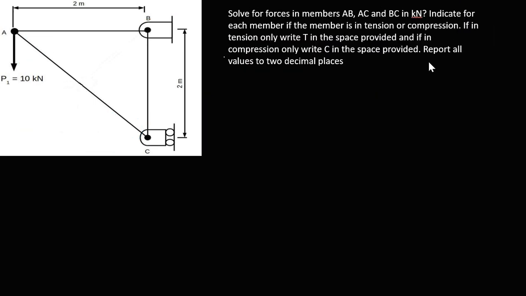So the second part of the question, they said solve the forces in member AB. This is the member AB they're referring to. And also they said and in BC, this is BC, in kilonewtons again. Indicate for each member if the member is under tension or compression.